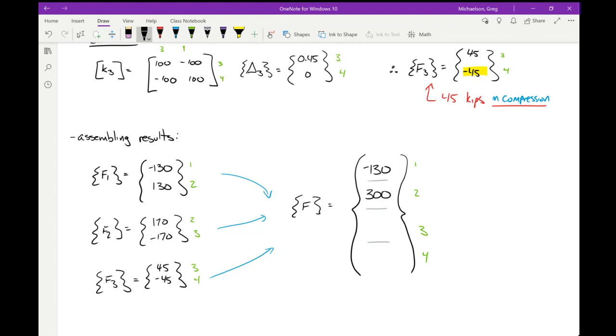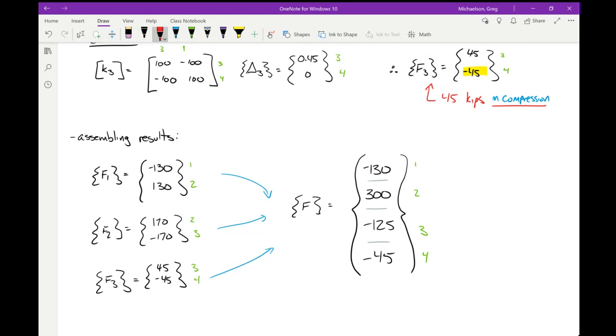Negative 125. What about 4? Negative 45. That's exactly right.